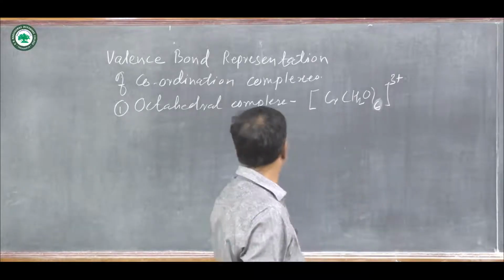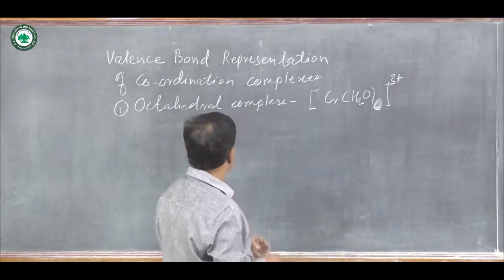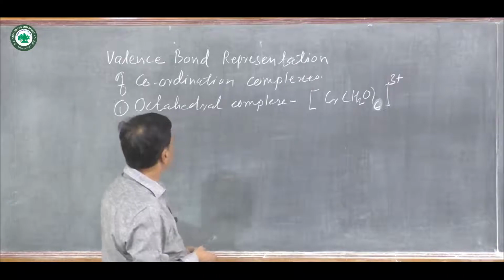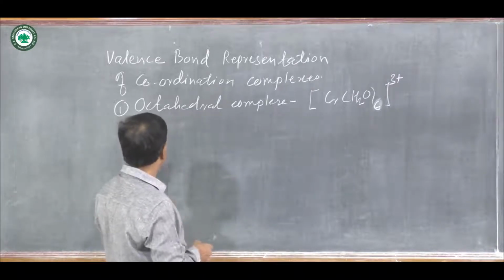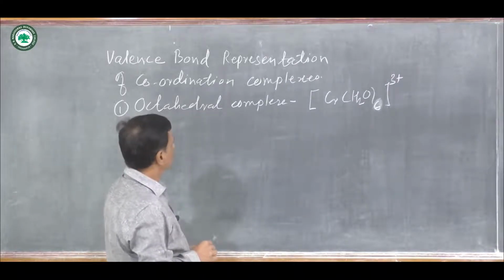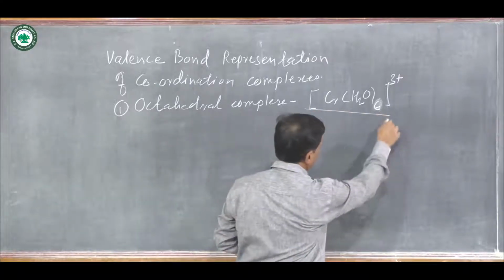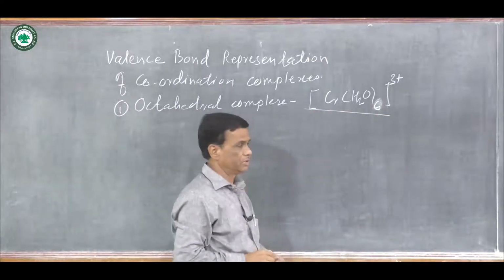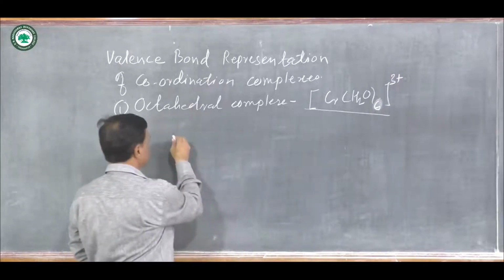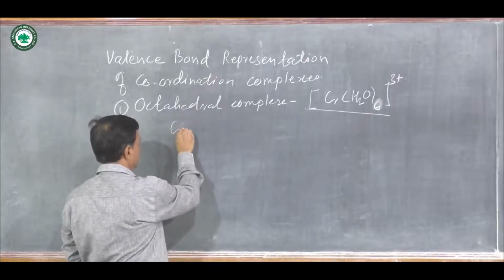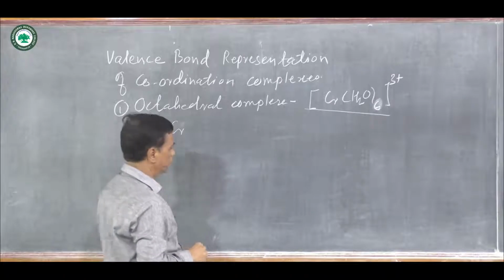Our next point is valence bond representation of coordination complexes. The first example is an octahedral complex, the [Cr(H2O)6]3+ complex ion. In this complex ion, chromium is at the center as the metal ion.